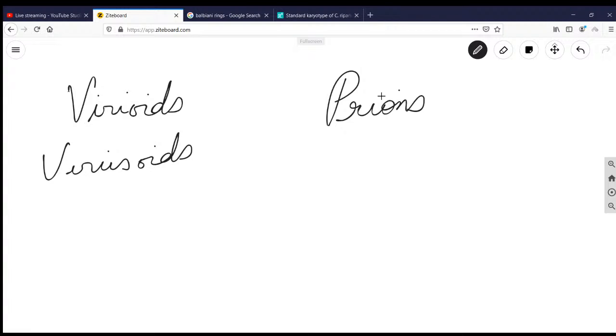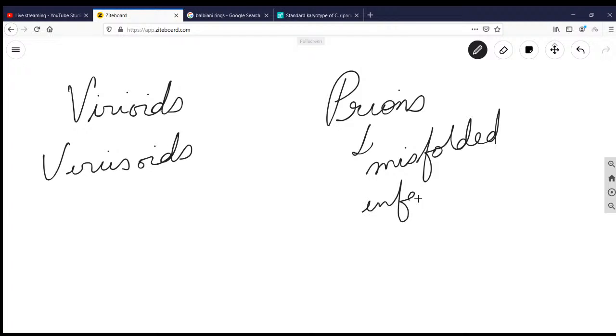So what are prions? Prions are nothing but infectious proteins. They are misfolded infectious proteins, that's all, which can cause disease.